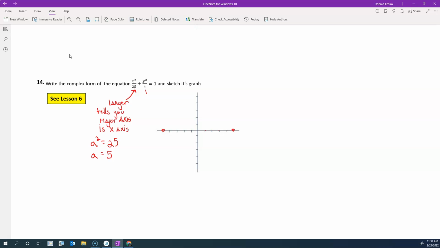Okay. And then your b value, that's b squared. So b is 2. Okay, and in complex form, this would be 5 plus 2i. And then you're going to draw your ellipse.